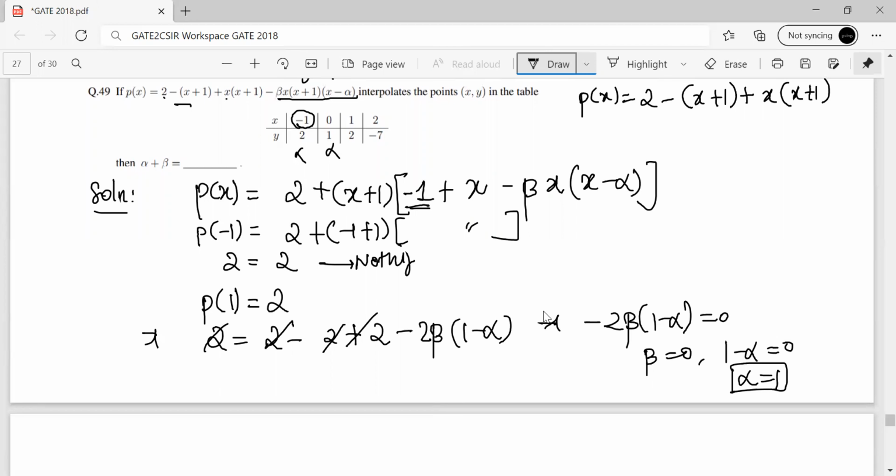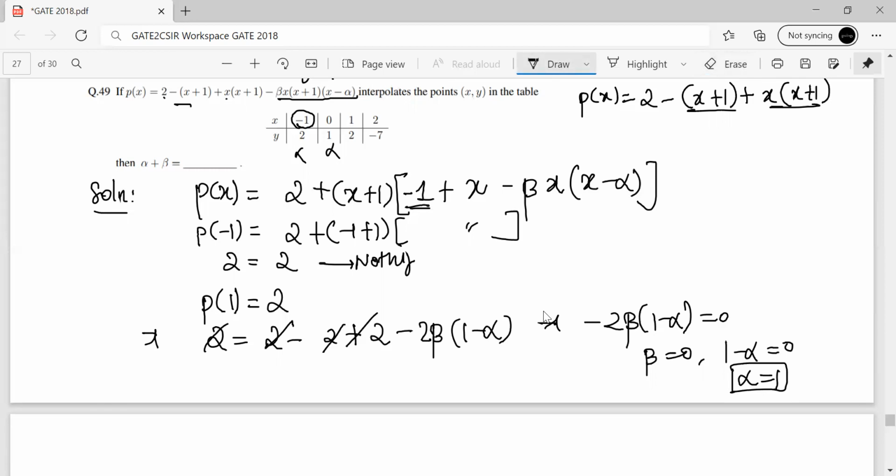So let's take this one and check. Put minus 1 now. Then this quantity will be 0, this quantity will be 0, and this one will give me again 2. So that is satisfied. Now let me see if I'm getting minus 7 at 2.